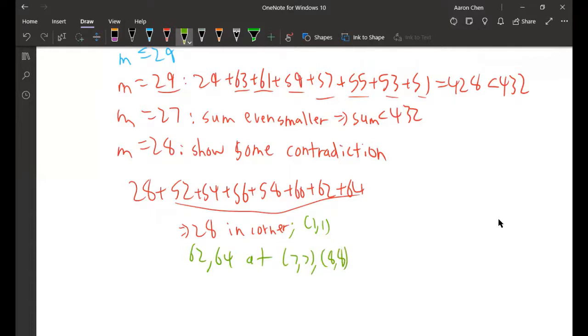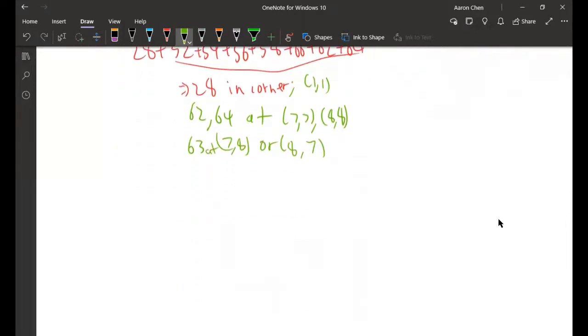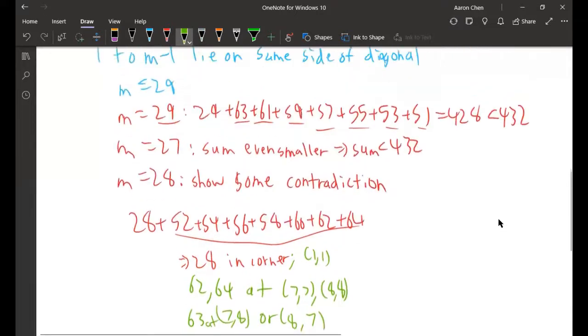And so now we know that 63 shares an edge with both 62 and 64. So what that means is that 63 is either at (7, 8) or (8, 7). And so now, again, without loss of generality, we can assume that 63 is at (8, 7).